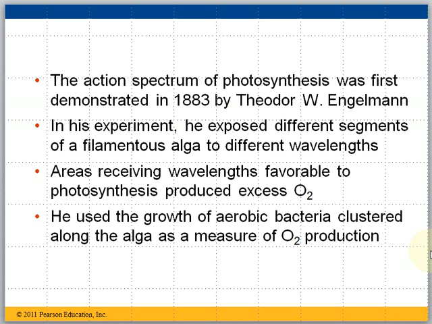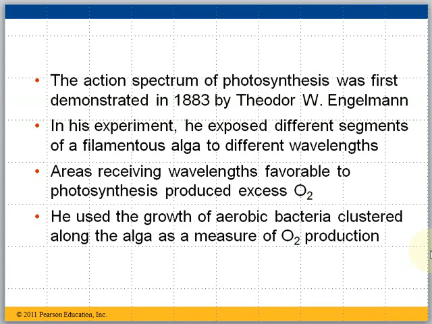So there'd be the greatest oxygen output at certain wavelengths of light. And he thought, okay, the bacteria need the oxygen. They would accumulate in those areas as well. So he was growing aerobic bacteria, which need that oxygen, and they would tend to accumulate along the strand of algae where the oxygen output was the highest.